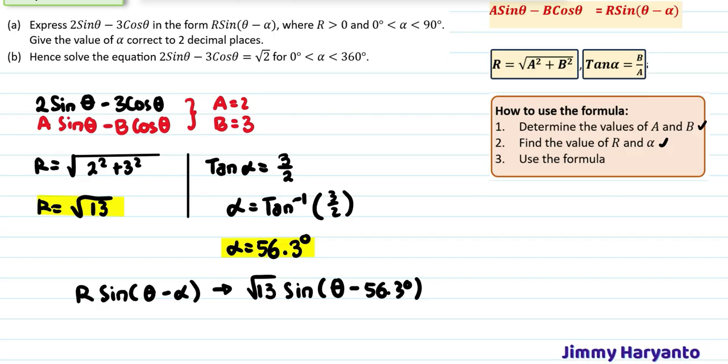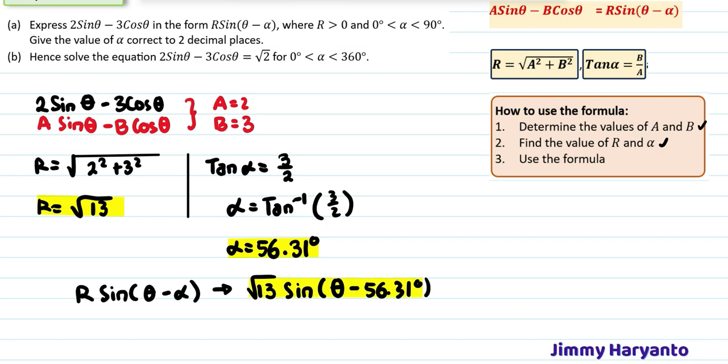Oh my god, it's 2 decimal places, my bad, it should be 56.31. The question says the alpha has to be in 2 decimal places. So don't forget to read the instructions carefully.